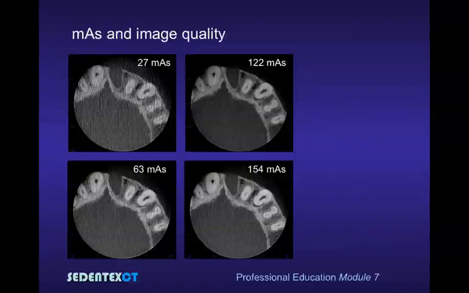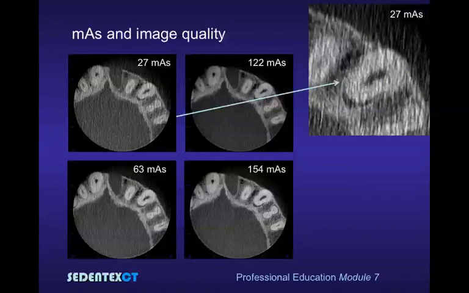And this perhaps is also seen here using the anthropomorphic phantom, where we have bones and teeth set into plastic and exposed using different exposure factors, ranging from as low as 27 MAS for the image on the top left to 154 MAS, the picture on the bottom right. Incidentally, 154 MAS was using the recommended exposure factor of the manufacturer.